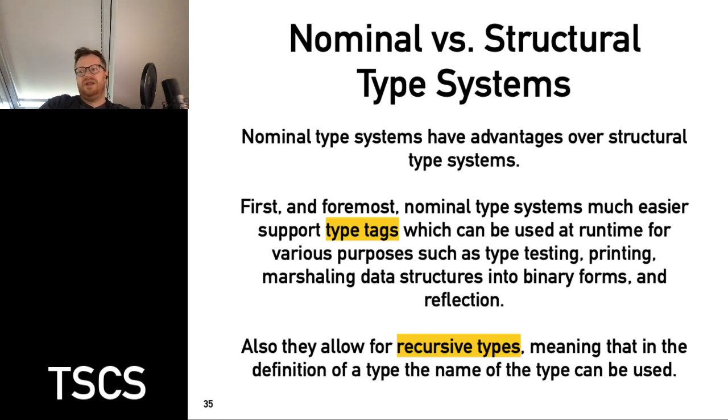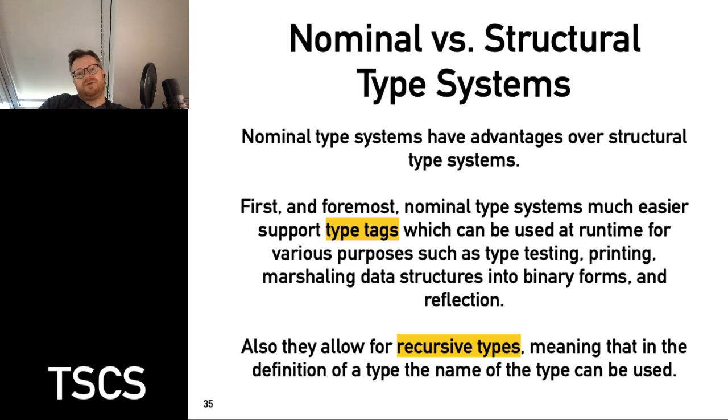This is really neat, because it makes implementing things much easier, and you can have much faster runtime type checks. You can do type testing, you can do printouts of that type, you can do marshalling data structures into binary form, you can do reflection in Java. This is all supported by nominal type systems because you can use these type tags.